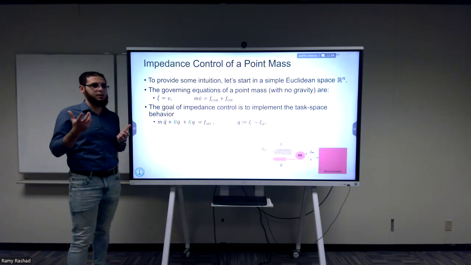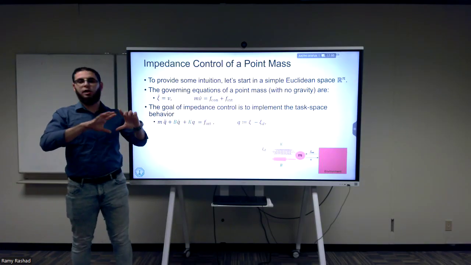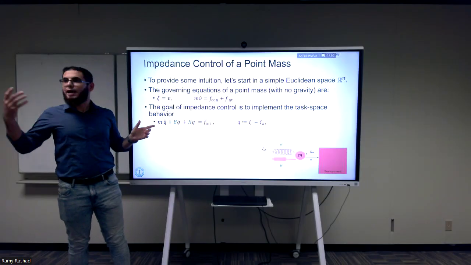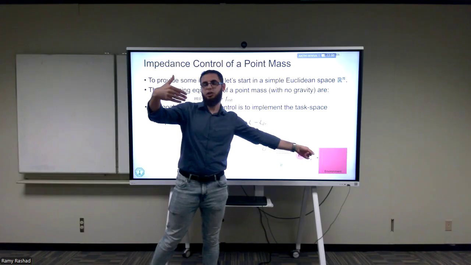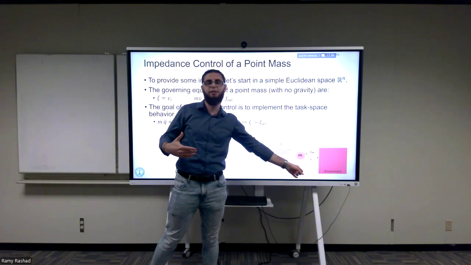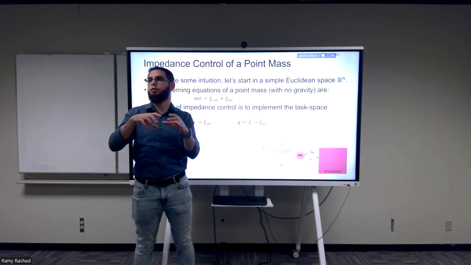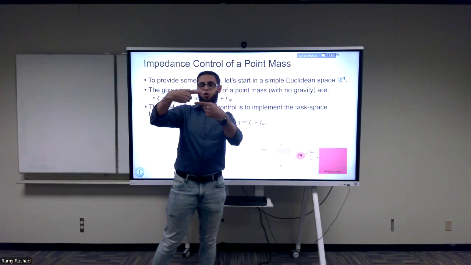So the goal of impedance control is the following. We want the task space behavior, in other words, how the interaction force and velocity, both of them together, we usually give them the name of a port, because they are dual variables.